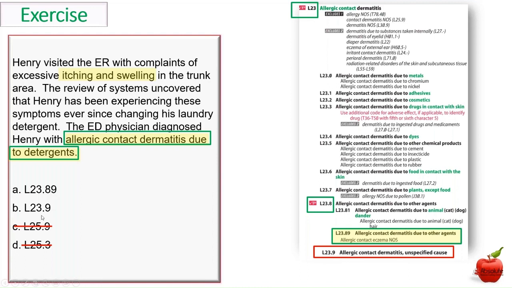So we are going to eliminate L23.9, and that pushes us here to L23.89, allergic contact dermatitis due to other agents. And that is your code. You are going to code and choose the best answer, and that is the best answer because we do know the cause. The ED physician has determined that it is allergic contact dermatitis and it is due to a detergent. So we know the cause.